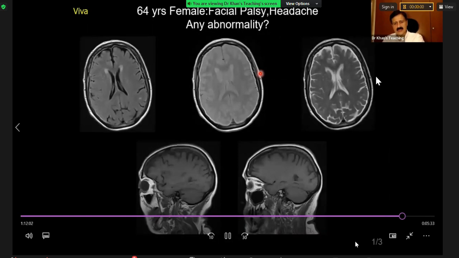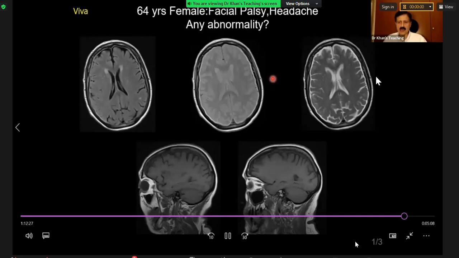Second last case is a repetition, which is now the final differentials, final two conditions for your exam, and then we will stop. This is spontaneous intracranial hypotension. Please remember, spontaneous intracranial hypotension has come in the exam quite a few times.